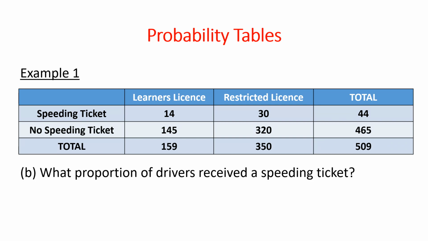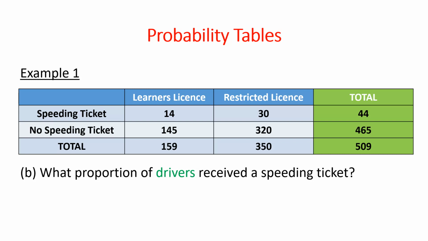All right, part B. What proportion of drivers received a speeding ticket? Proportion is just the same as probability, and we're talking about drivers. We're not specifically talking about learners or those on speeding tickets, so we're just talking about all drivers in this survey. So we're talking about the total, 509 drivers.